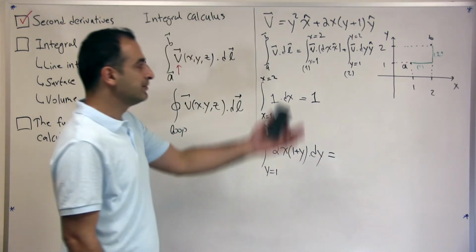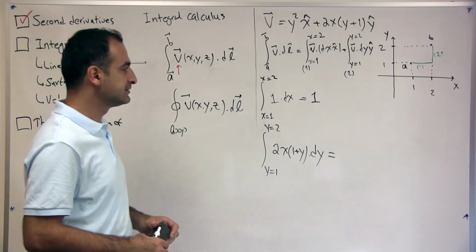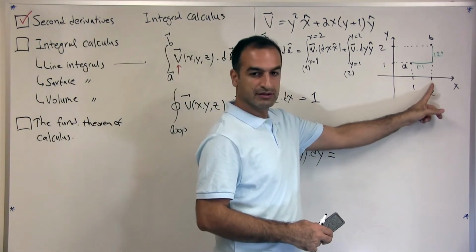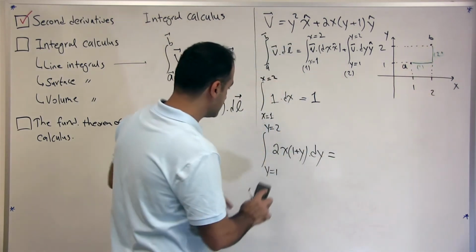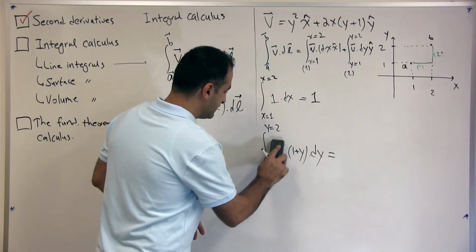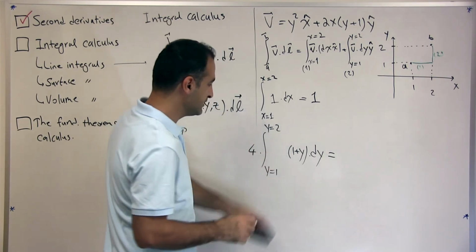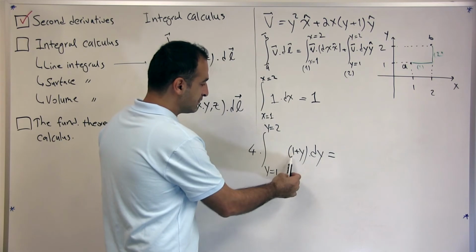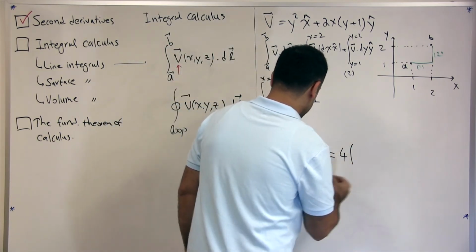Now, if you are moving on the second part of the path, what is the value of x? It's 2. It's not changing at all. The x value is 2. So the 2x that we have here, technically we can even move out of the integral, giving 4 times the integral of 1 plus y.